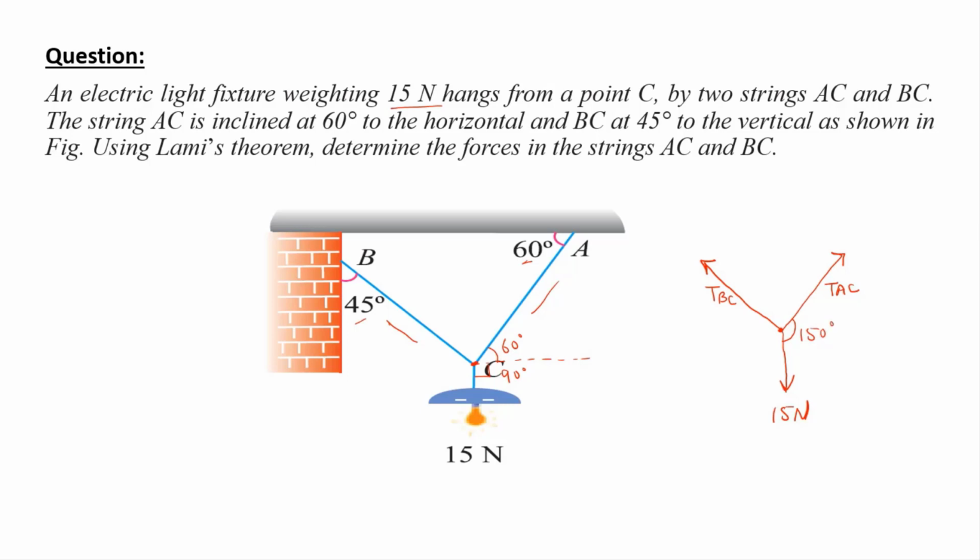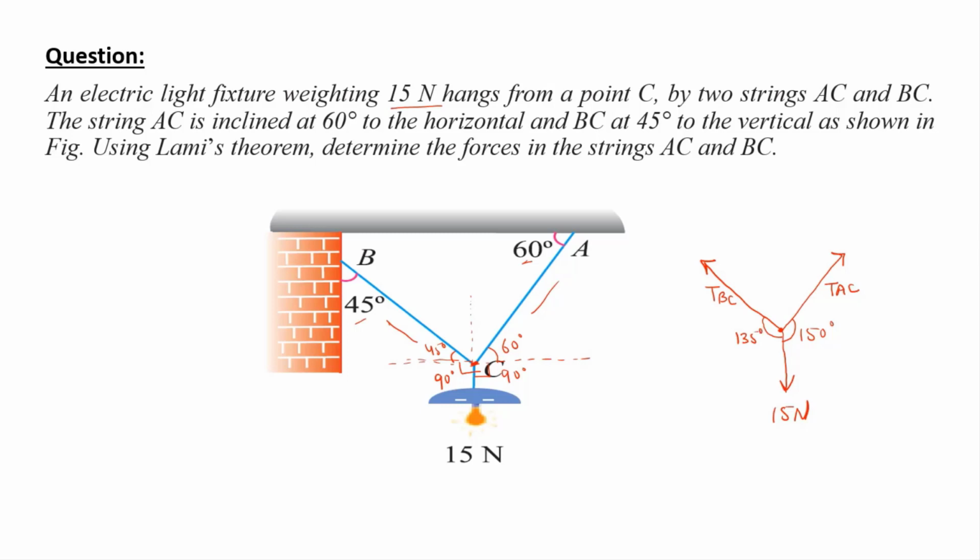Next, this angle is 45 degree, which means if this is 45 degree, then this will also be 45 degree. This will again be 90 degree. So 90 degree plus 45 degree is 135 degree, which means the angle between TBC and the 15 Newton force is 135 degree.